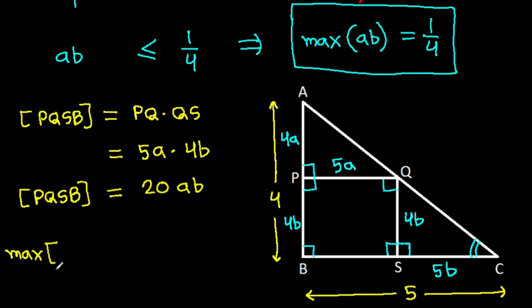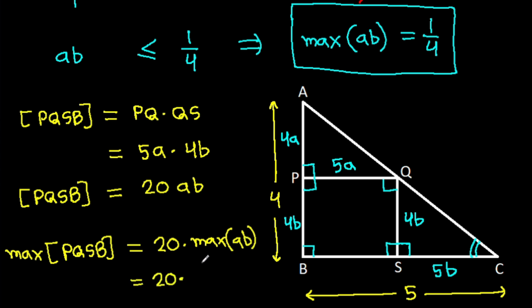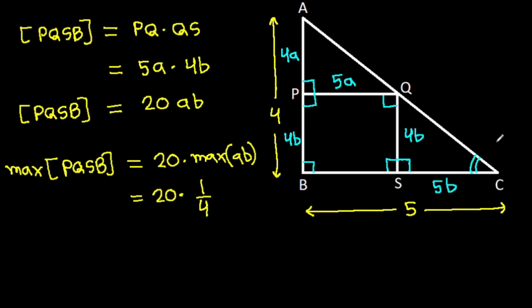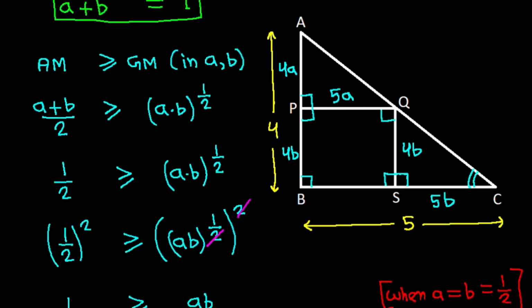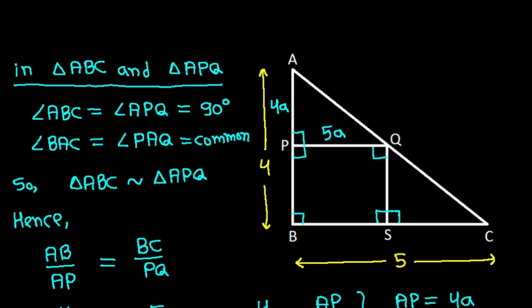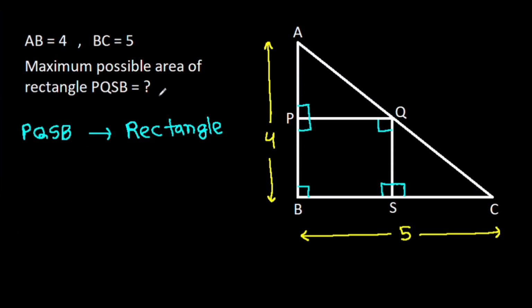So maximum area of PQSB will be 20 times maximum of AB, and it is 20 times 1 over 4, and 4 times 5 is 20. So the maximum area of PQSB is 5.